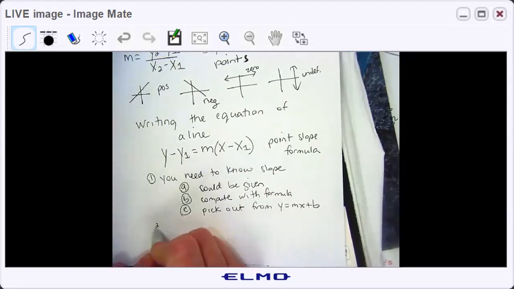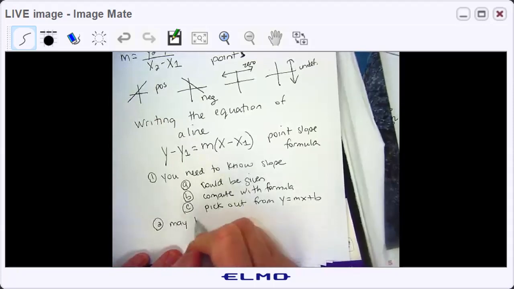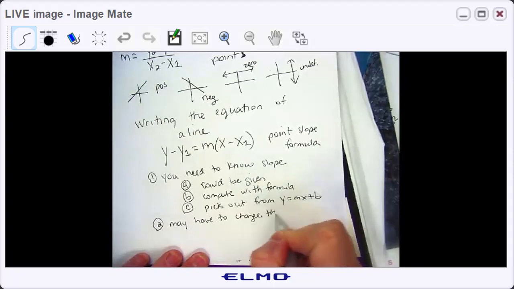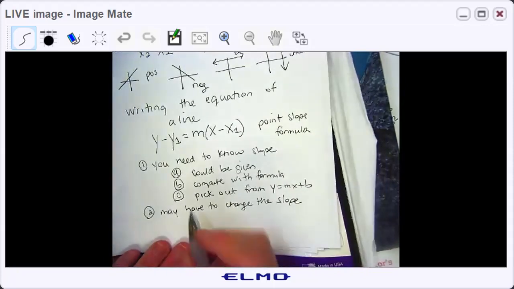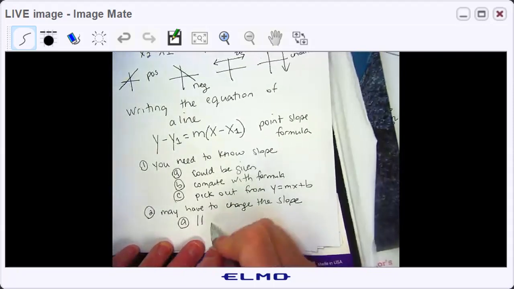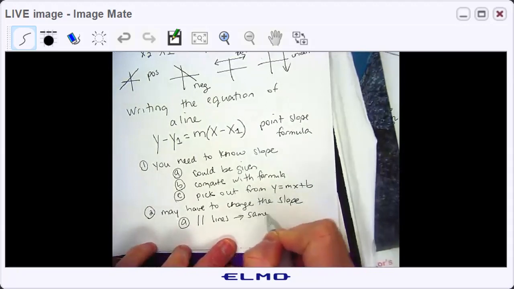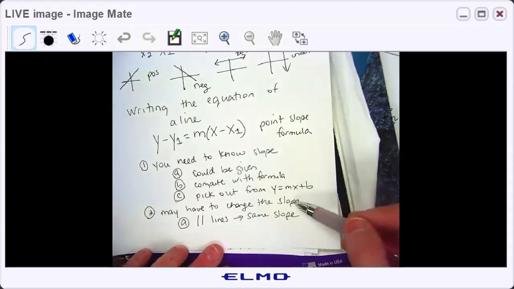However, the second thing that's going to happen is a lot of times in geometry, you may have to change the slope. So let's talk a little bit about that. If they tell you parallel lines, that's the symbol for parallel lines, parallel lines have the same slope. So if they told you they wanted a parallel line, then you're not going to have to change the slope.